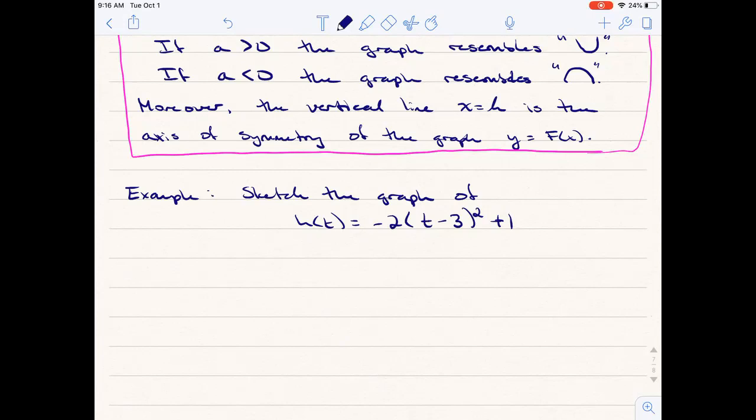We know we've got a negative parabola, so a downward facing parabola. We also know that the vertex is going to be at HK.